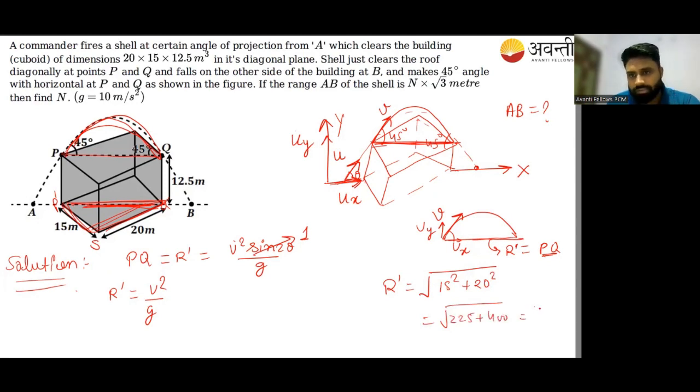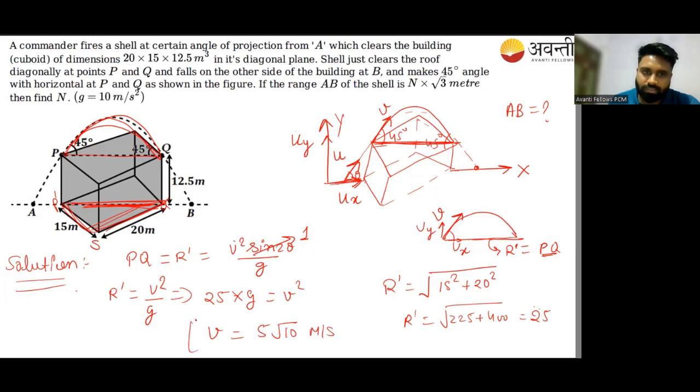It will give you 25. So 25 multiplied by g equals v square. So v here equals 5 root 10 meter per second. This is the first information that we got.